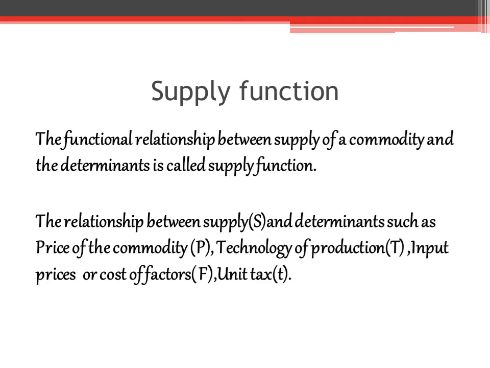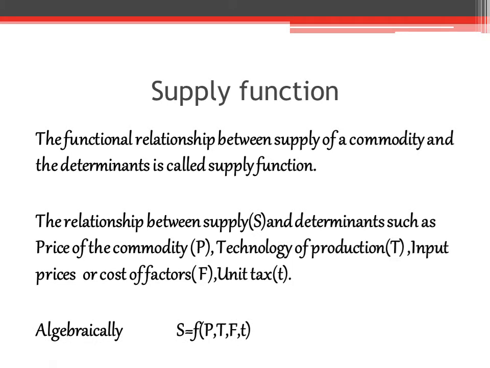The price of the commodity, which we can denote as P, then technology of production, input prices, otherwise called the cost of factors, which we are denoting by F, then unit tax. The relationship between supply and its four determinants is called the supply function.